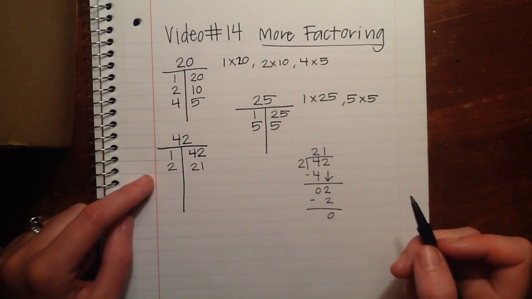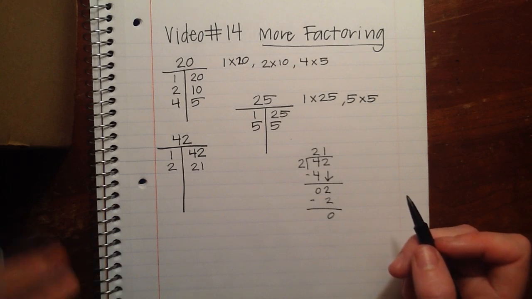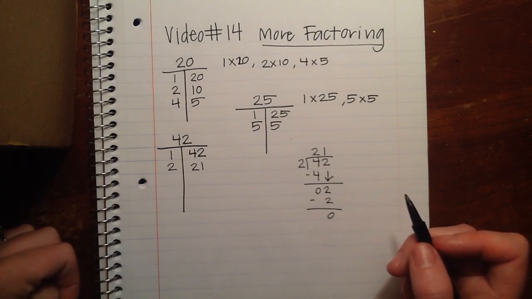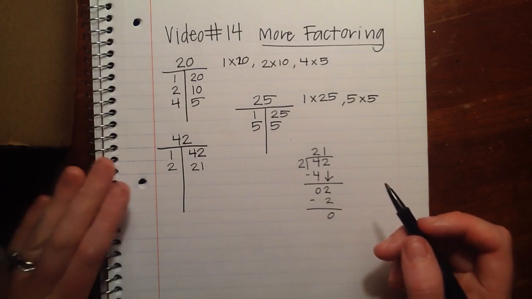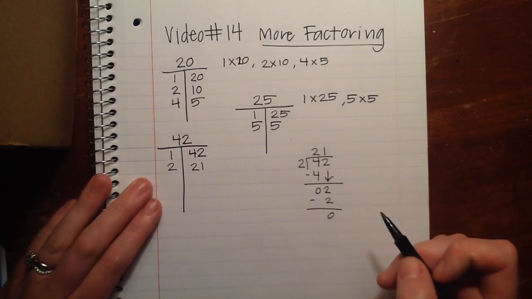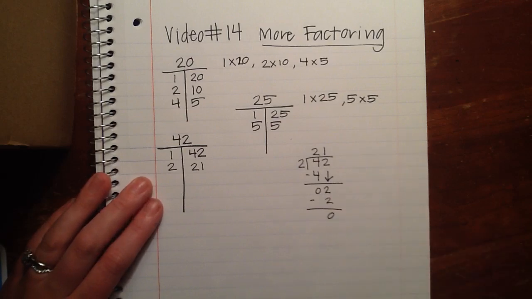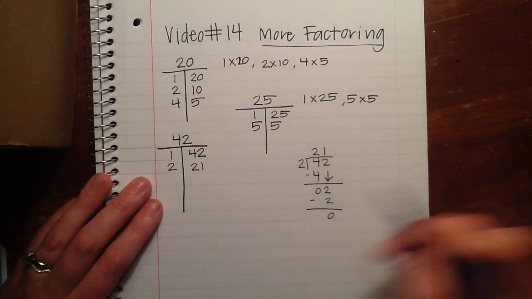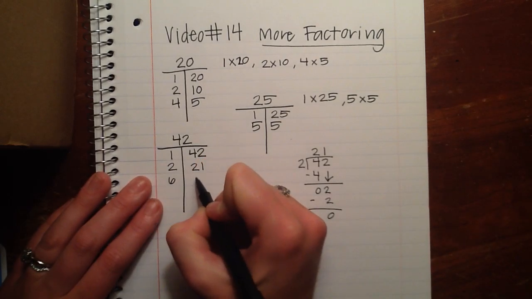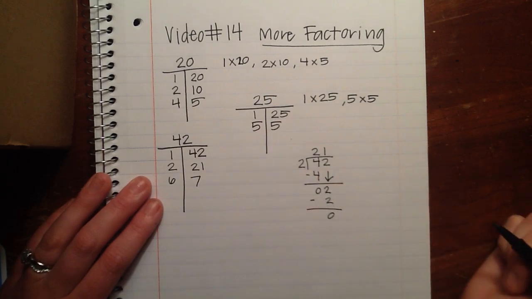Does 3 go into 42? No, not to my knowledge. Feel free to try to prove me wrong. Let me know. Come back tomorrow. Does 4 go into 42? No. Does 5? No. 6 does. I know that 6 times 7 does.